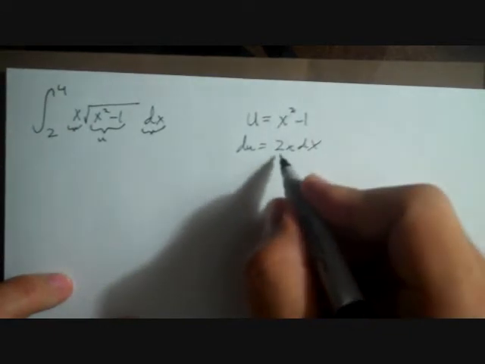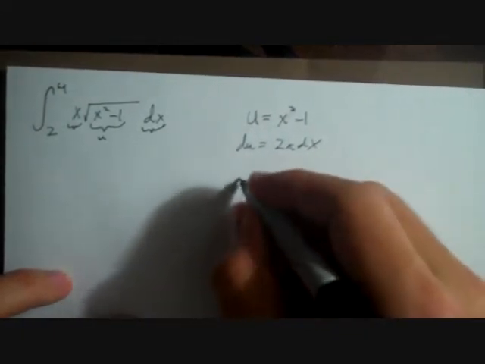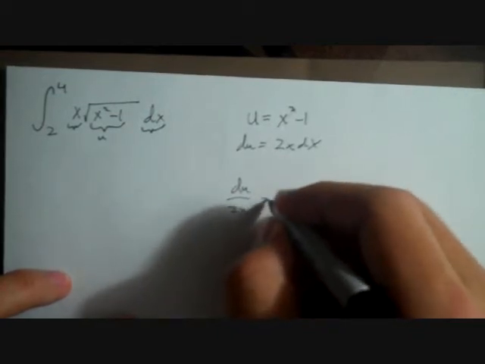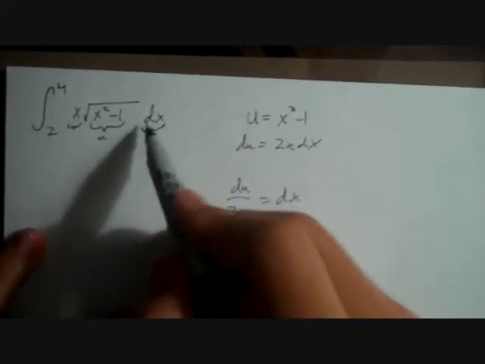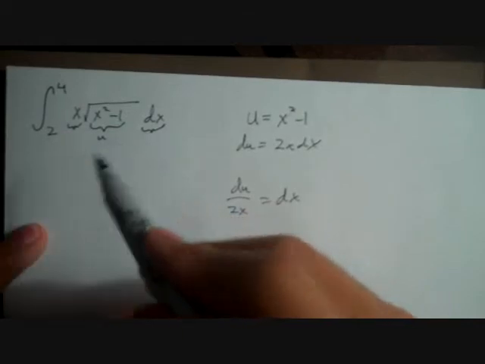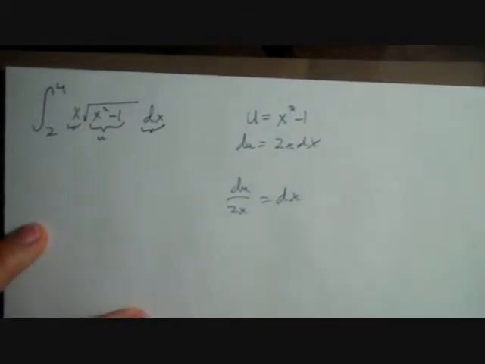Now, wait a minute. We can't just solve for dx and plug it in, because then we'll get du over 2x equals dx, and then again we'll have an integrand in terms of x's and u's, which is not unified and difficult to do, or actually it's impossible to do.